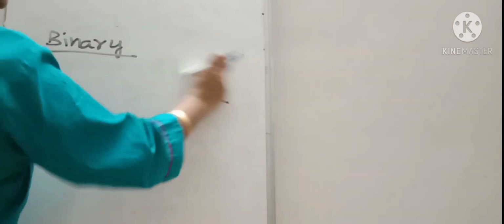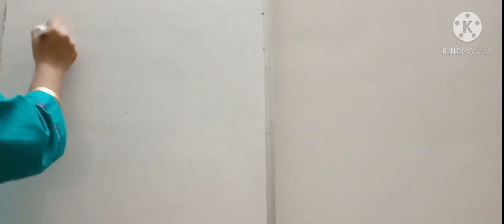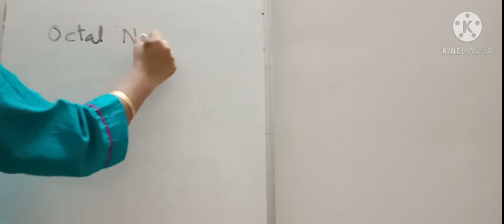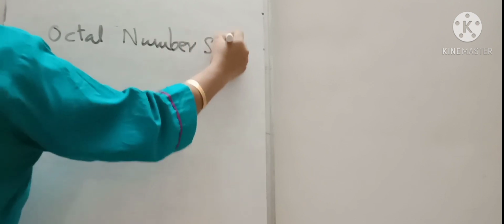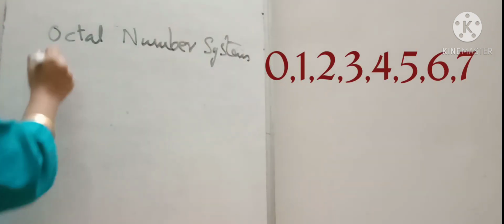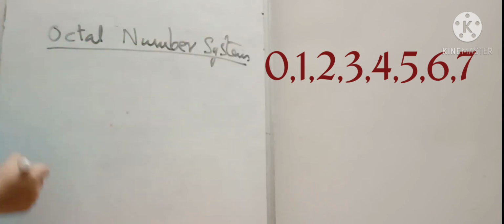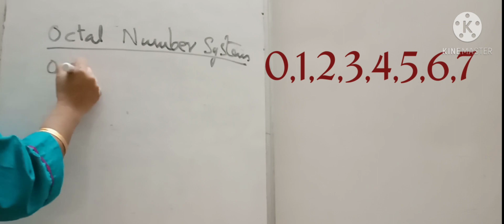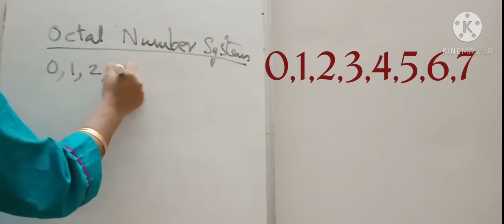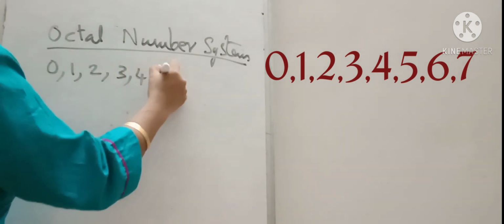Now we will discuss about the octal number system. Octa means 8. Octal number system use 8 digits from 0 to 7. 0, 1, 2, 3, 4, 5, 6, 7. Total 8 digits.